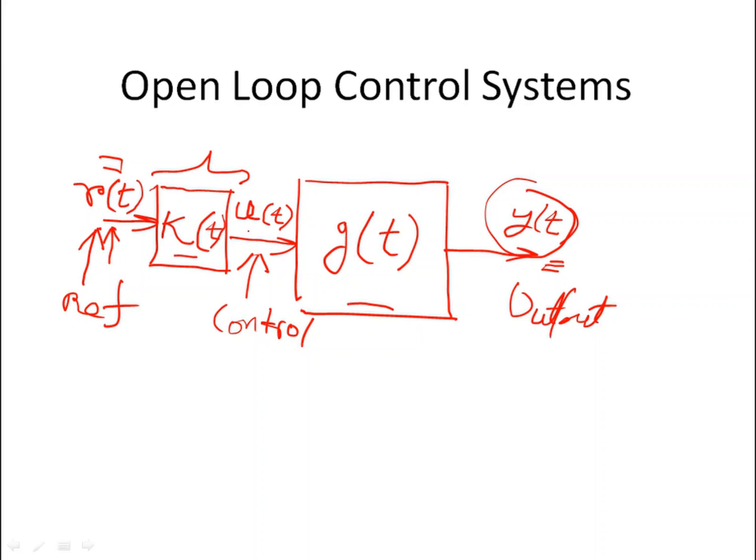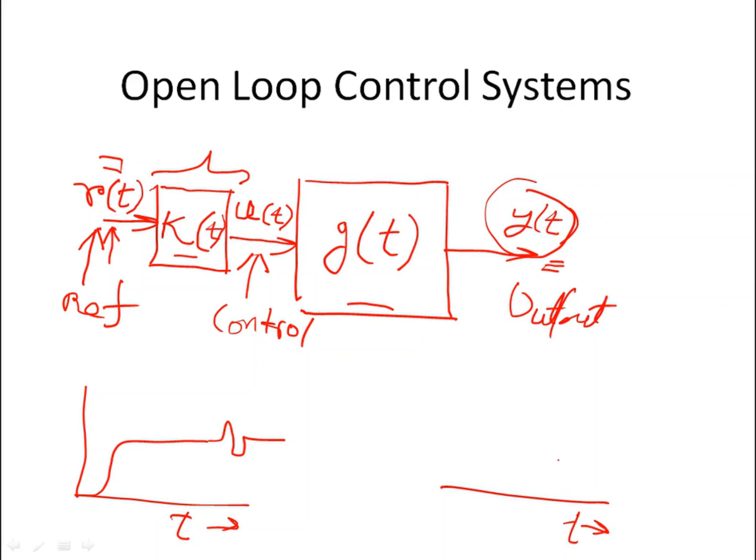In open loop control system, if you see on the time scale, suppose I am defining the inputs and the response, that is the output, on time scale. What happens? Suppose I am giving an input of this kind, right? So in the input, suppose there are some spikes like this.